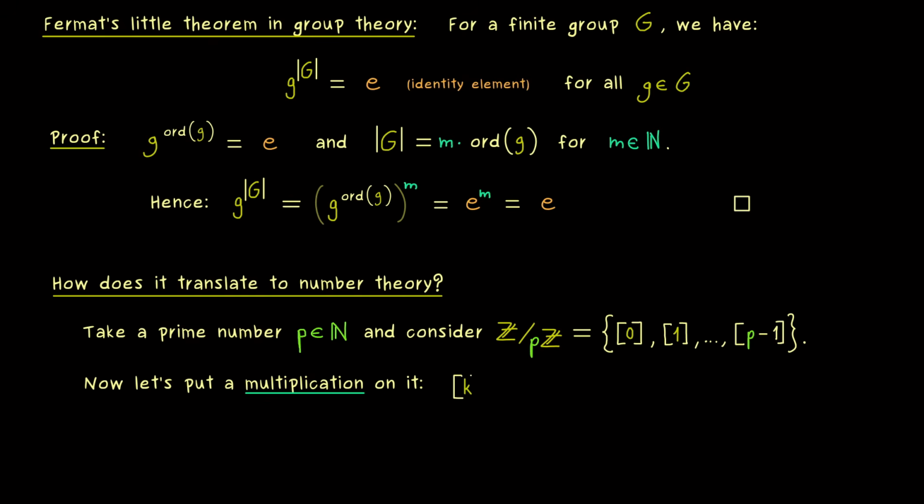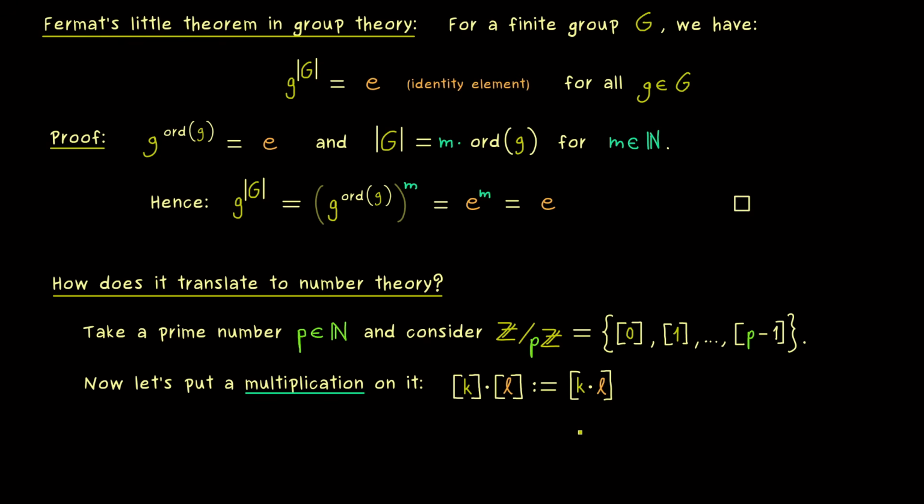Let's simply take two equivalence classes, one represented by k and the other one by l. And now we want to define the meaning of a multiplication of two equivalence classes. Obviously this can be done by just multiplying k and l. So we just have the ordinary multiplication of integers, and then we take the equivalence class of the result.